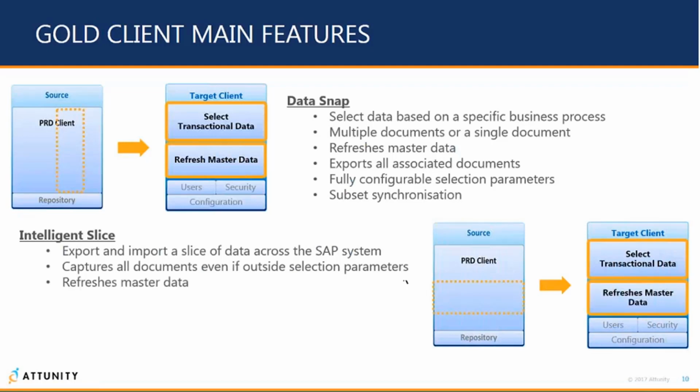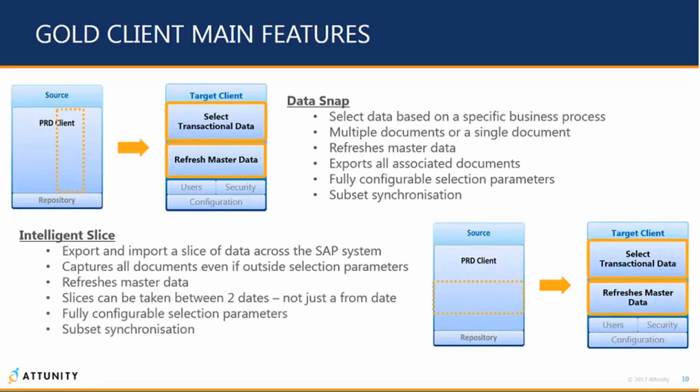Again, we refresh all the master data, and it should be noted that all of the selection parameters in both DataSnap and Intelligent Slice are fully configurable, and we have the ability to synchronize the data extraction between ECC, CRM, and SRM. So you can use the parameters that you export data from ECC to export the same and related data in both CRM and SRM.